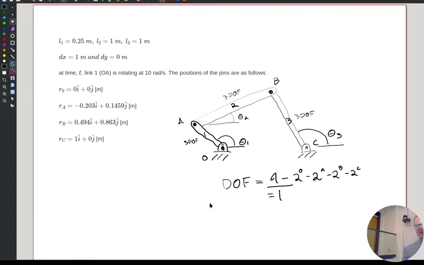Any ideas? How do we get to equations, something that we can solve?